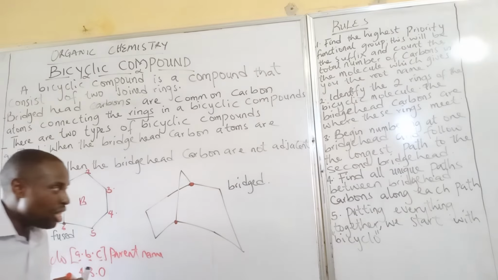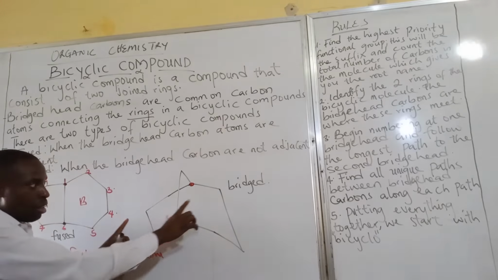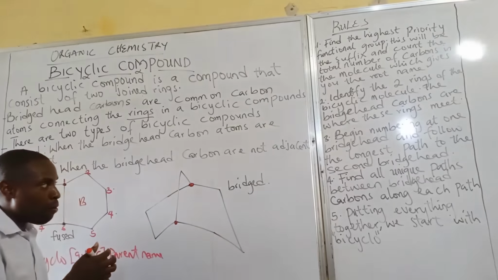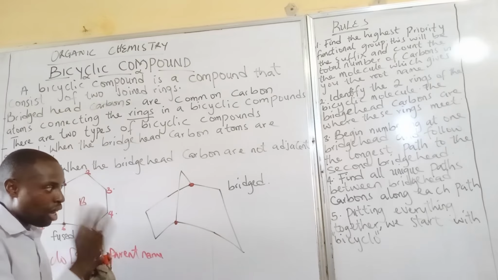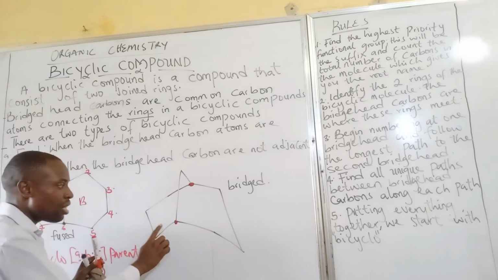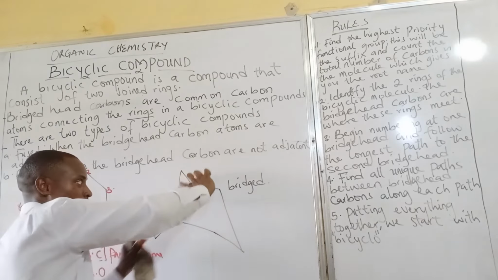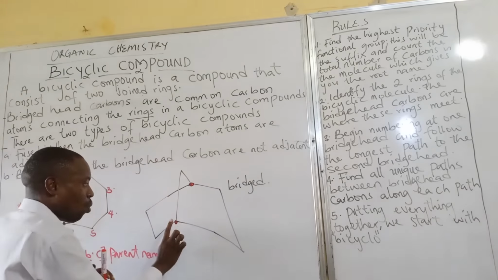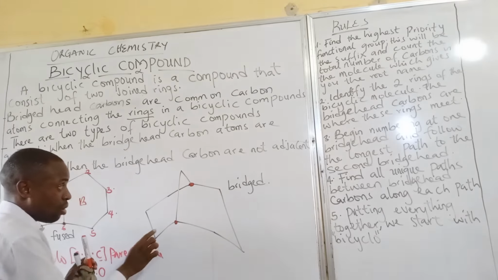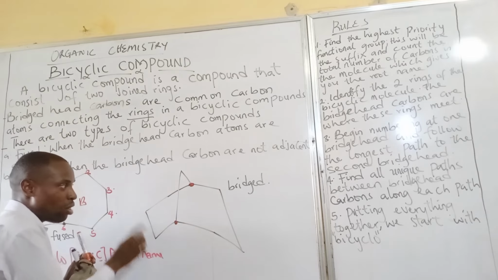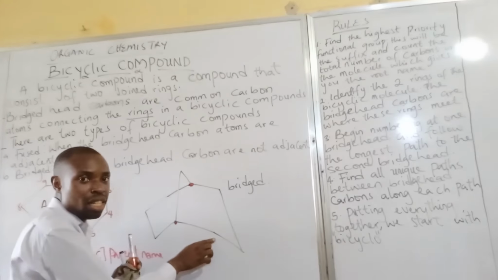Which is at the same time, in this case here, I will number. Now look at it, let's count. Here is 1, 2, 3. But look at the way the structure is. This is 1, 2, and that's 1, 2. But here is 1, 2, 3.